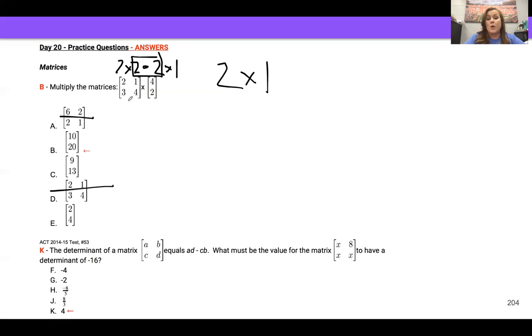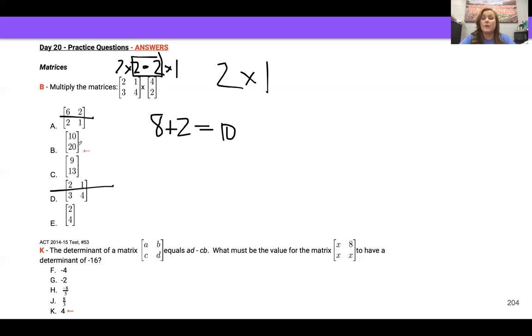So when we're multiplying, it's going to be 2 times 4, which is 8, plus 1 times 2, which is 2. So our top number should be 10. I scan my answers. I can stop here. If I want to double check, 3 times 4 is 12, plus 4 times 2, which is 8, 20. Yeah, big star. I know I got it right.